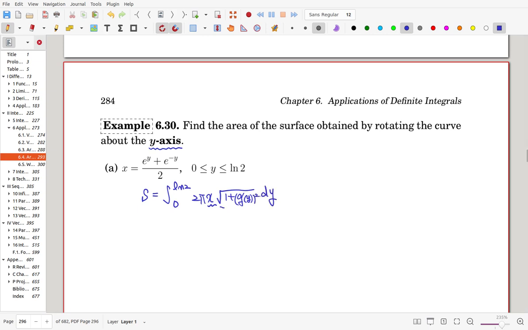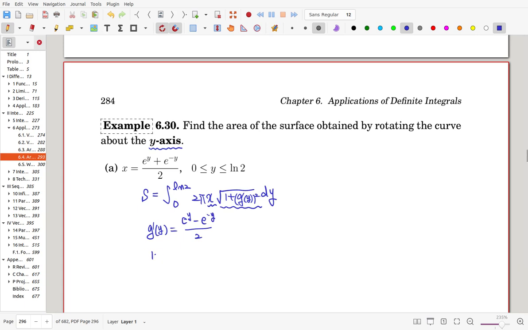So we'll try to get that portion first. Okay, that is g of y. So g prime of y is the same as, 2 on the bottom, the same, and that is e to the y minus e to the minus y, right?